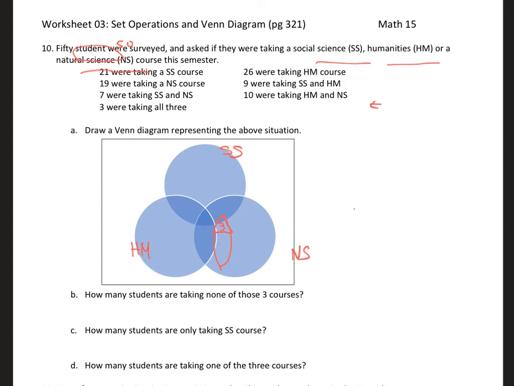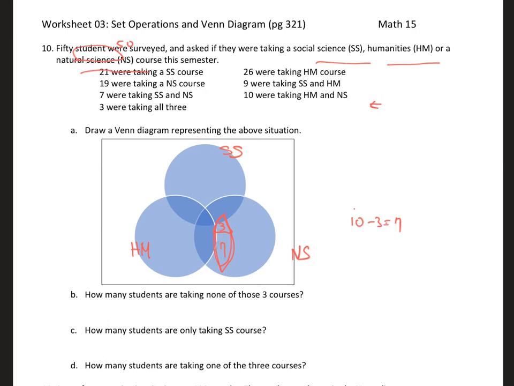Again, I don't want to write 10 here because that's the intersection between humanities and natural science. So if I write 10, it sounds like there are 13 people, but they say 10 were taking that. So I'm going to change that to 7, because 10 minus 3 is equal to 7. So that's how we got this 7.